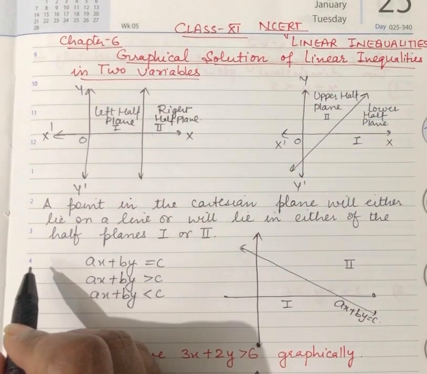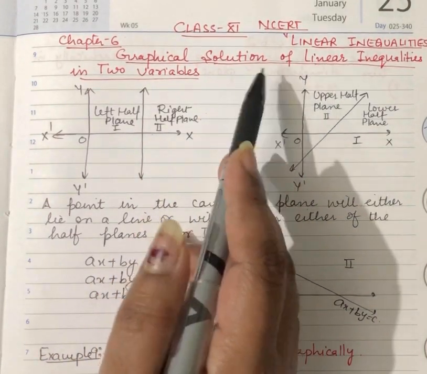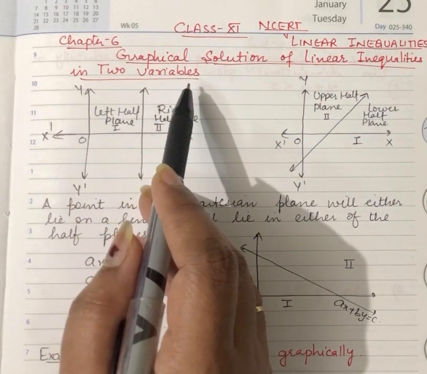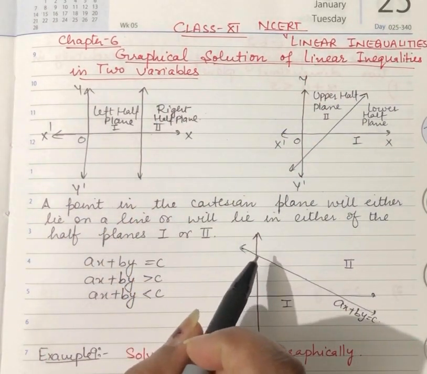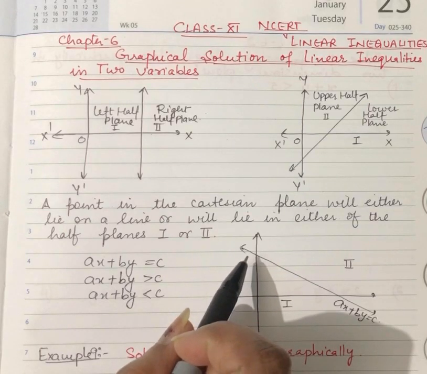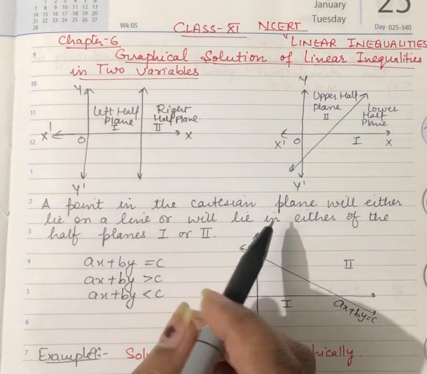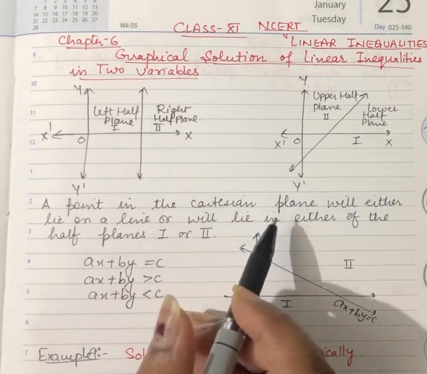Now first of all, in this graphical solution of linear inequalities in two variables, what we do is we draw the graph of the given inequality, and from that graph we find the solution of those inequalities.